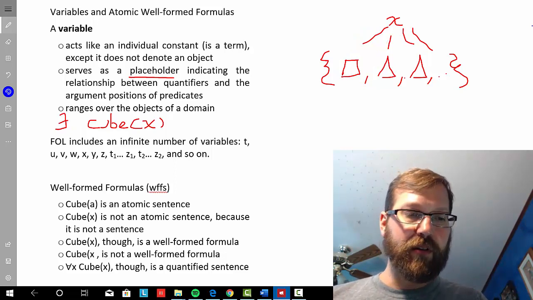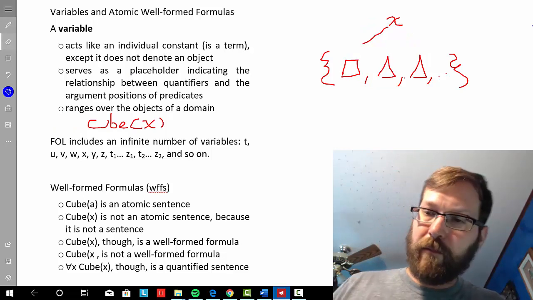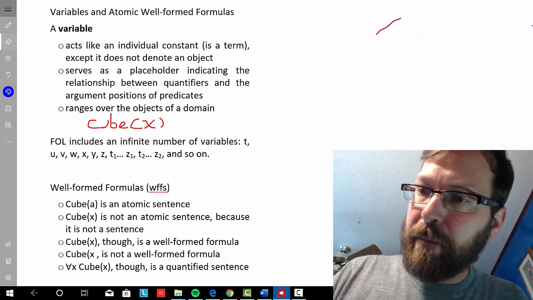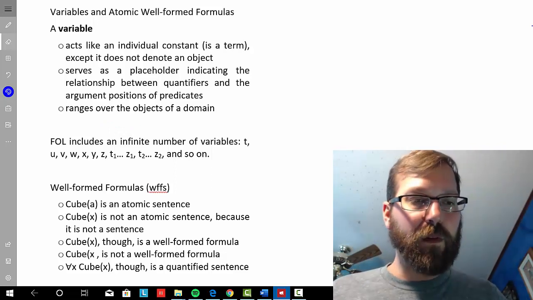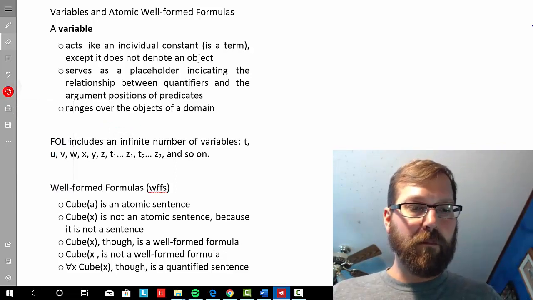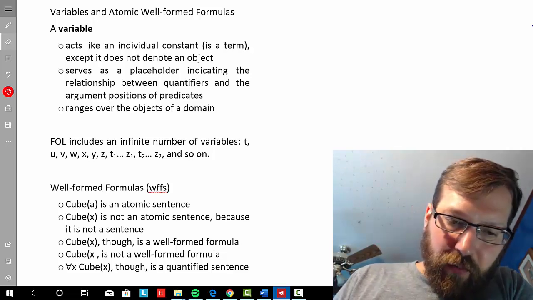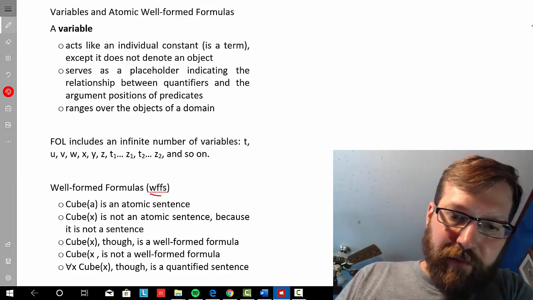All right, so turning to well-formed formulas. Another way, or a shorthand rather, for well-formed formulas is WFFs.